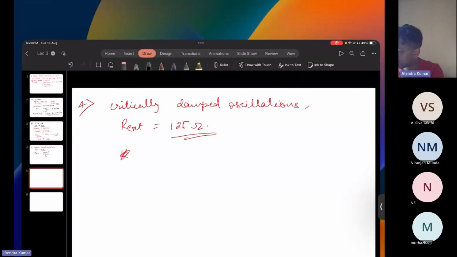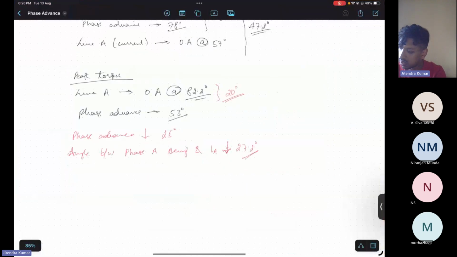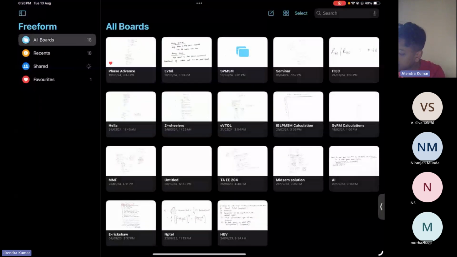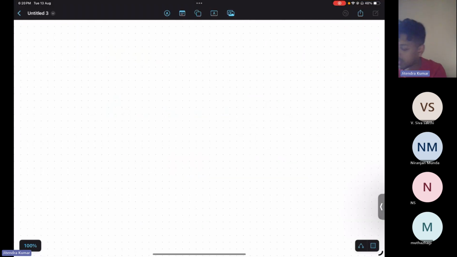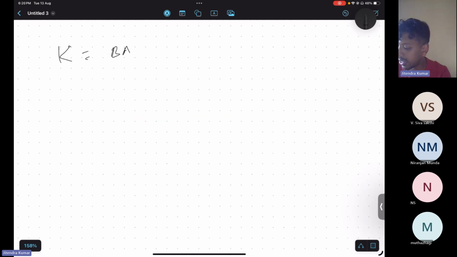So K will be equal to B A N squared divided by R coil plus R external.